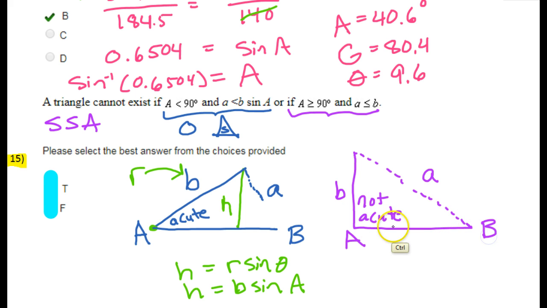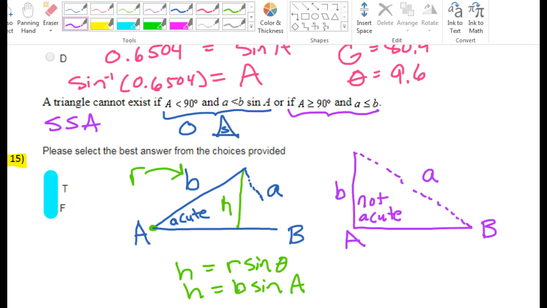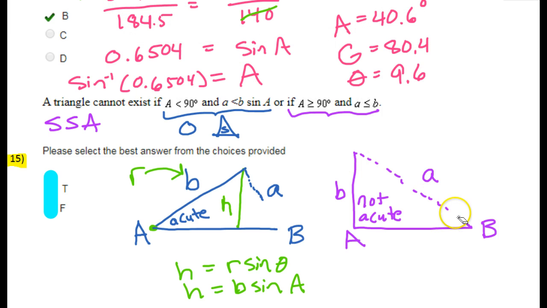In this situation, a is less than or equal to b. Again, if a is less than or equal to b, then it won't reach. If a is too short, it has to be longer than b in order to reach the ground.